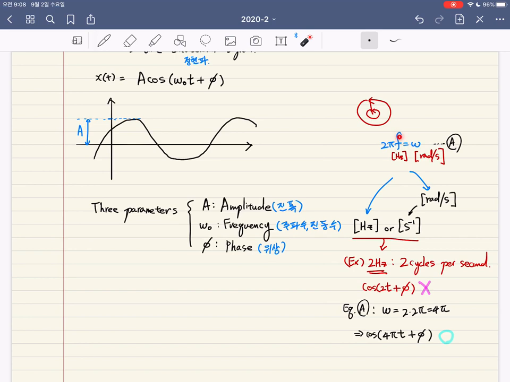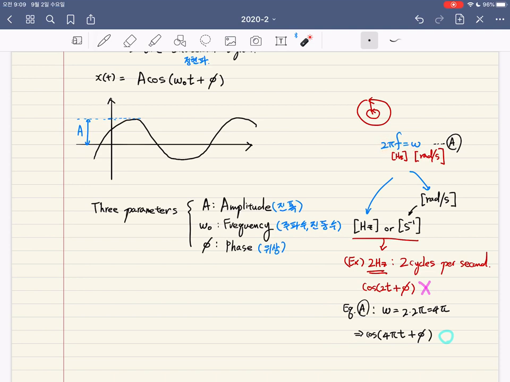That's why if you want to convert 1 cycle to the radian, you have to multiply not by 360 degrees but in radian form, by 2 pi.